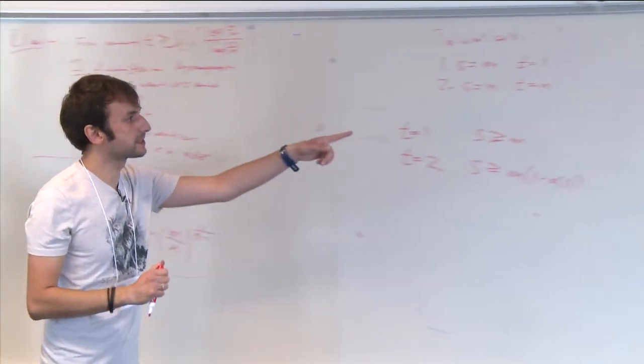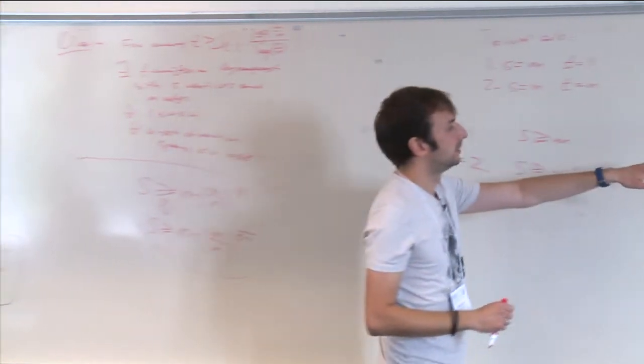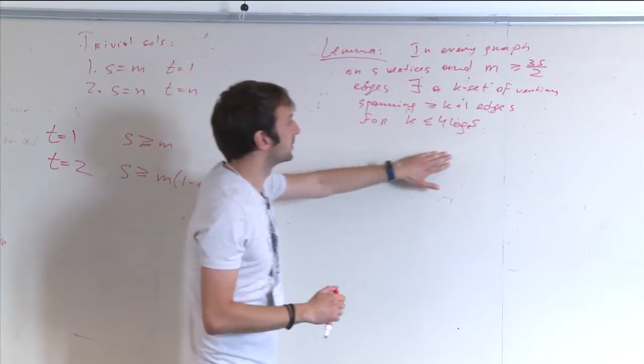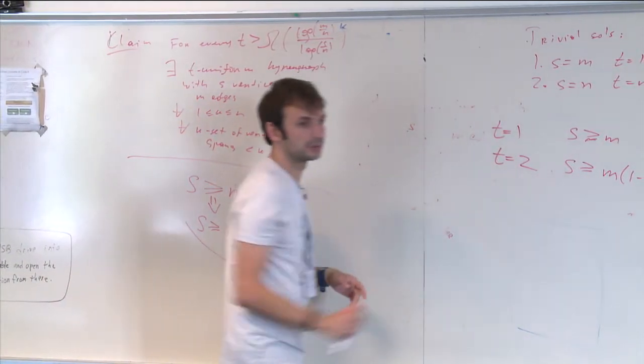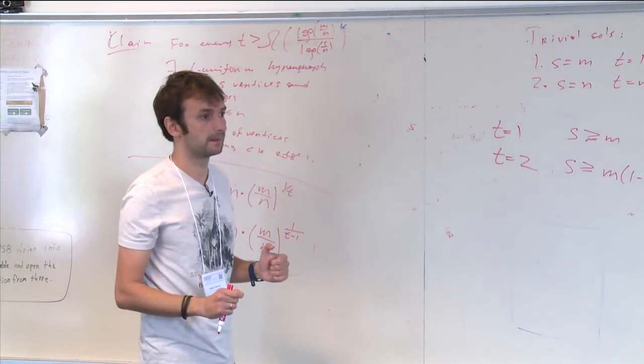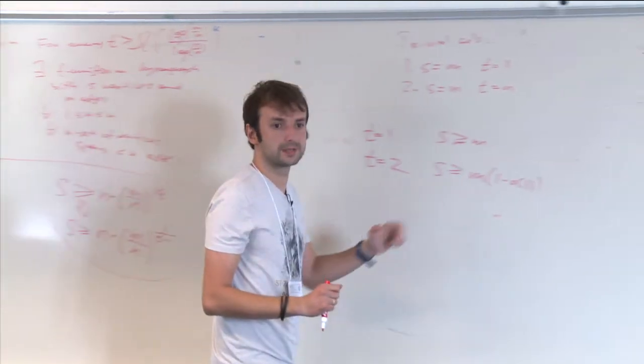If we prove this, then we prove that even 4 log n wise independent function requires linear lower bound on S when t equals 2. Does it make sense?